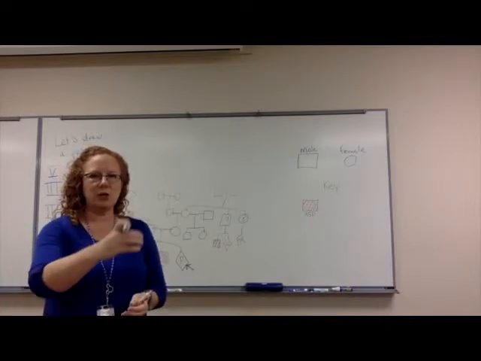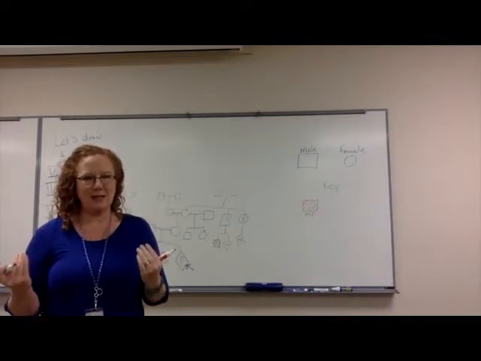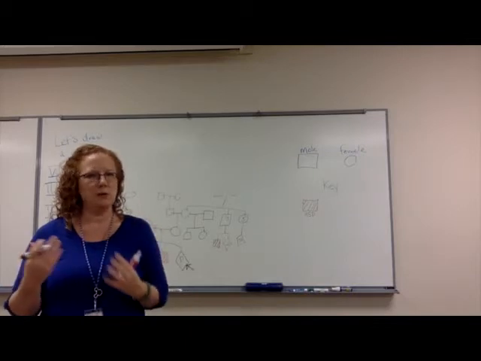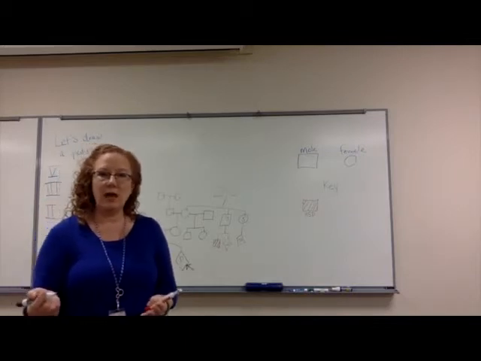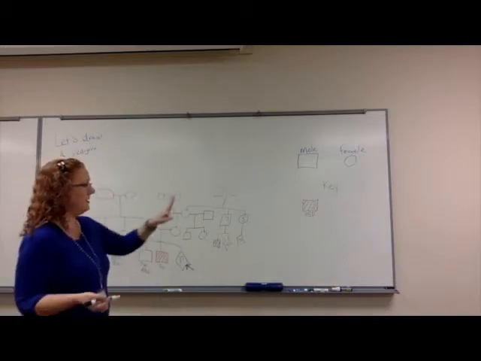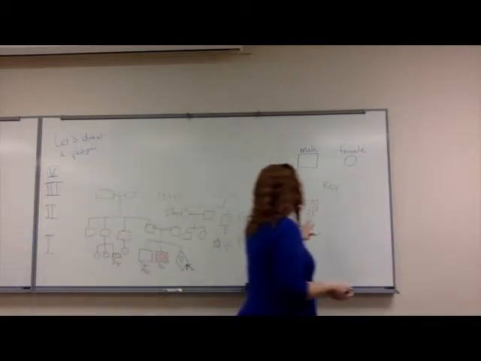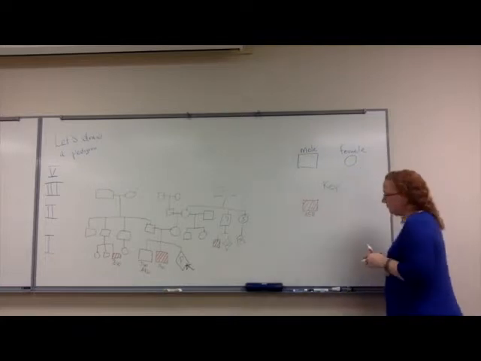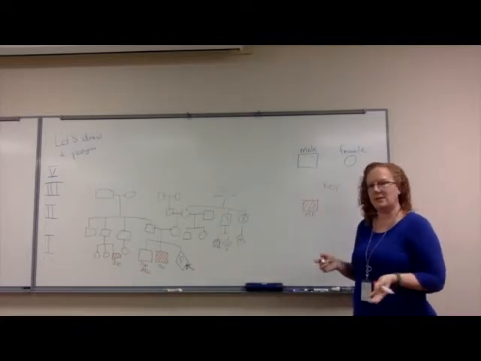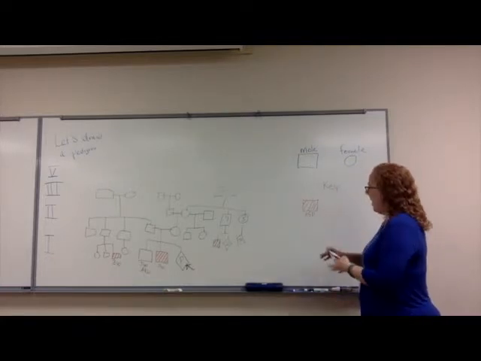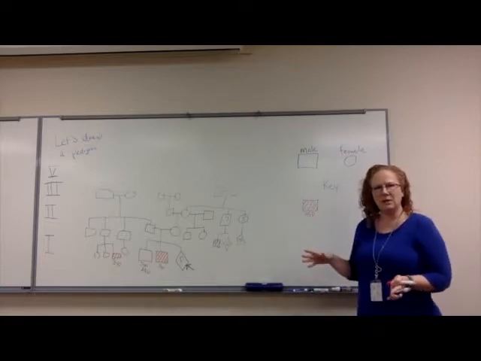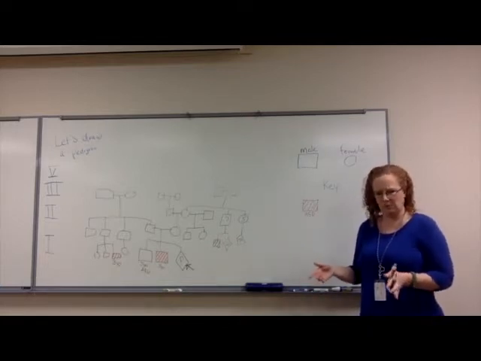Not everybody with Treacher-Collins syndrome has the slanted eyes. Not everybody has the facial anomalies. So we can create a symbol that could do multiple things. You can either keep them completely separate, or you can create something that has like a box to it. Just to make it clear, I'm going to create completely different symbols.